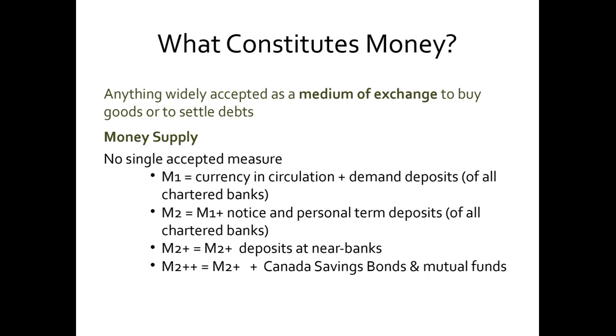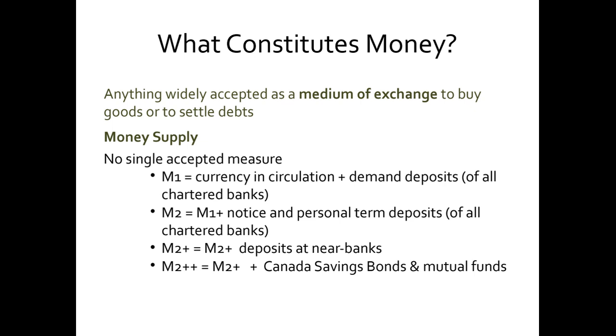Similarly, the third one is M2 plus. M2 plus is the M2 definition that I just defined above, and then you add deposits at near banks as well. By near banks, I mean quasi banks that are not chartered banks.